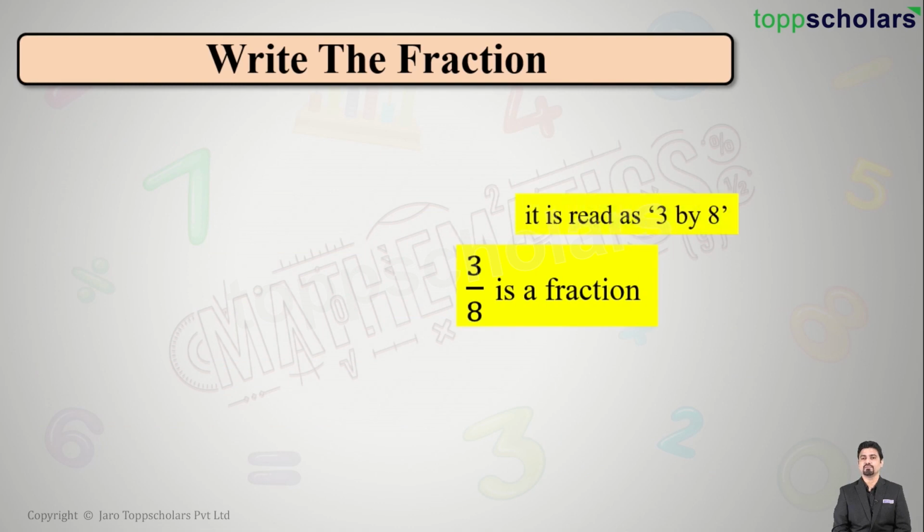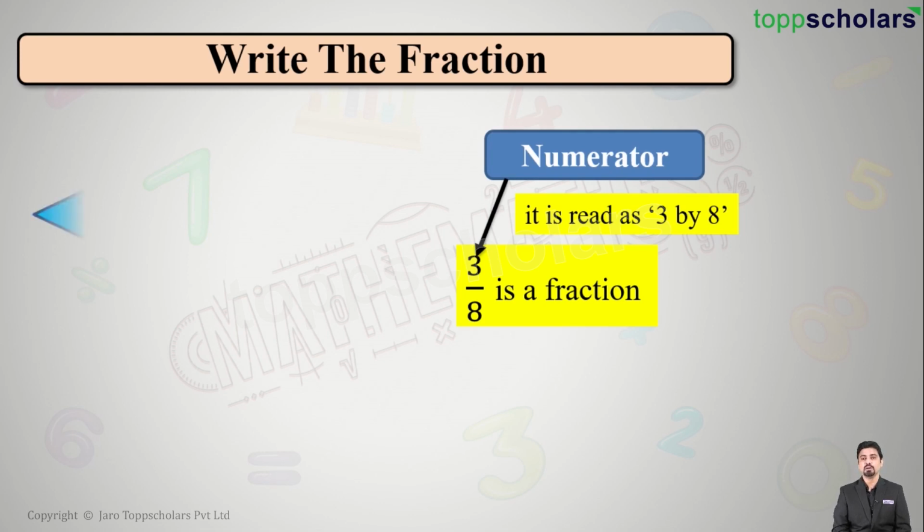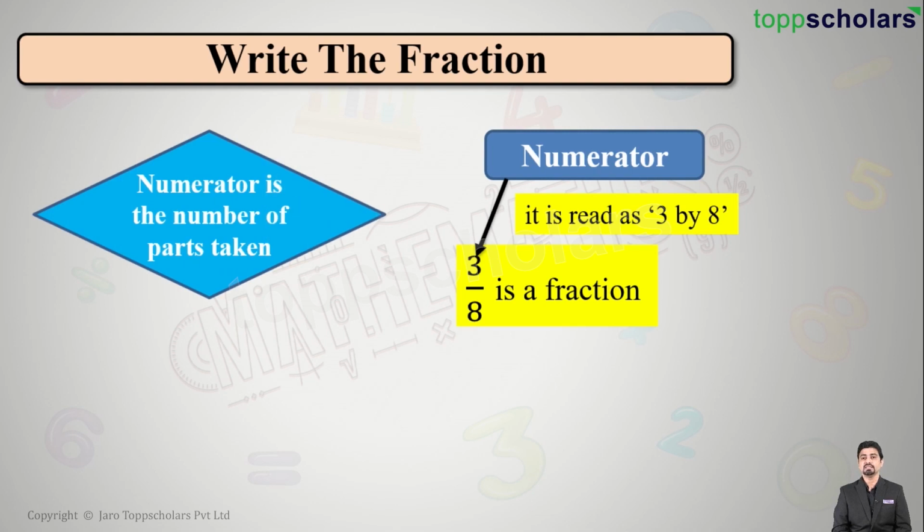Let us try some more. 3 upon 8 is a fraction. It is read as 3 upon 8 or also 3 by 8, where 3 is called the numerator. The number written above the line is the numerator. So numerator is the number of parts selected or taken. Right, students? What about the number below the line?